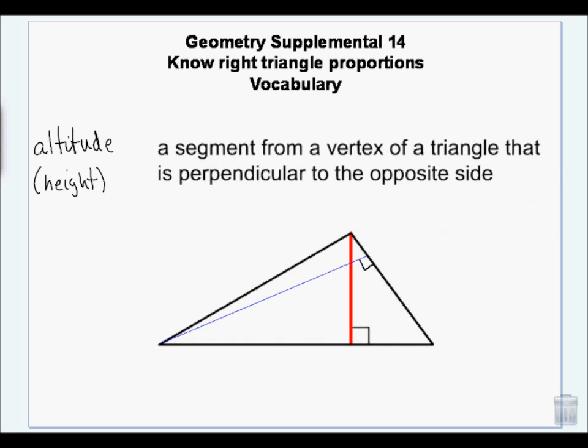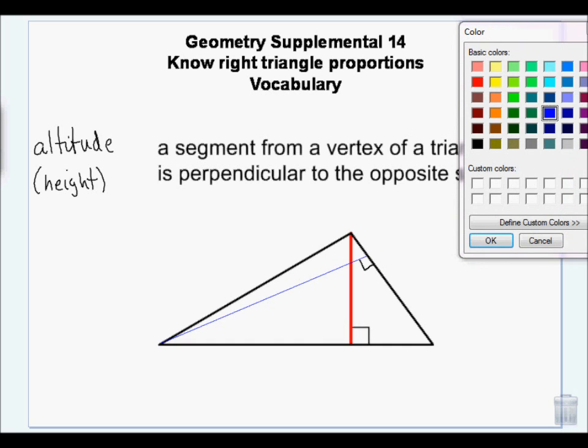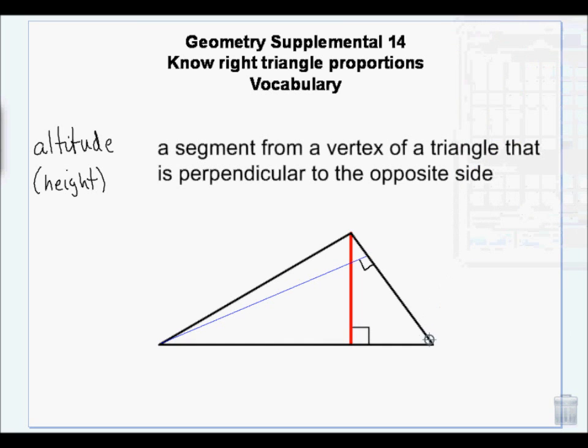And then we have another altitude that goes from here to there, if that was 90 degrees. So I'm not 100% certain I did that correctly, but every triangle has 3 altitudes.